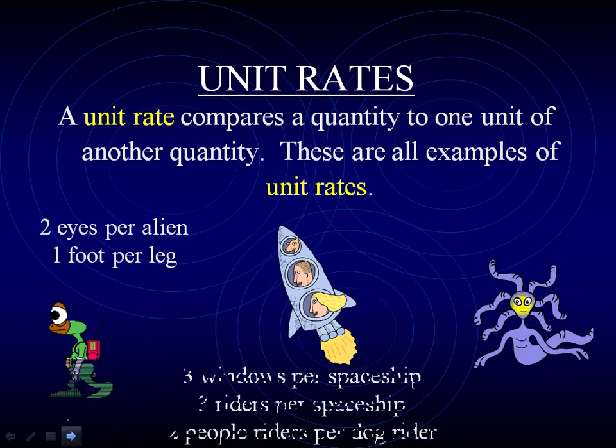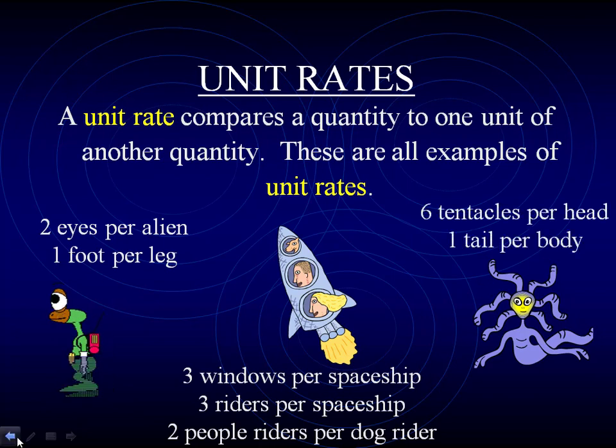Let's see the spaceship. Okay, we will compare the unit rates here. These aliens have 2 eyes and 1 foot, and this alien has 6 to 1.